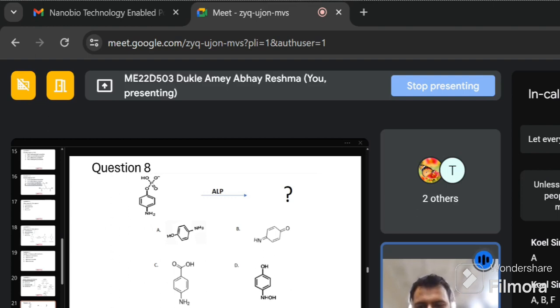These are the type of questions that will come in your exam. So be prepared. As much as possible, try to understand the concepts as well as these fundamental reactions. Try to remember them, maybe write them somewhere and go through them before the exam.